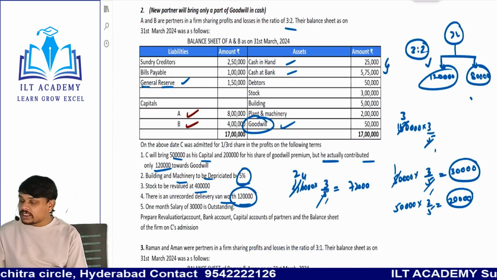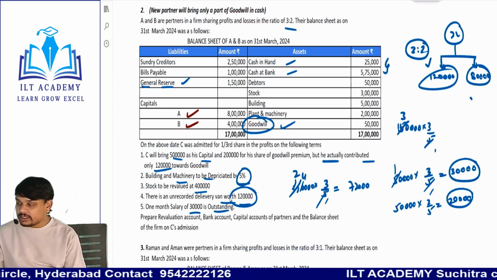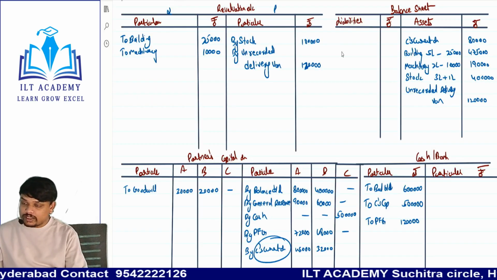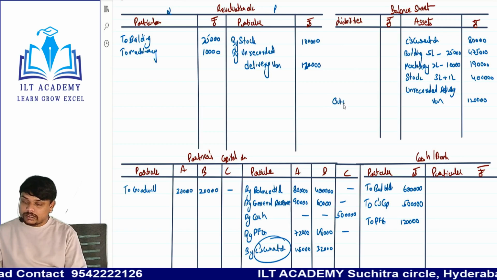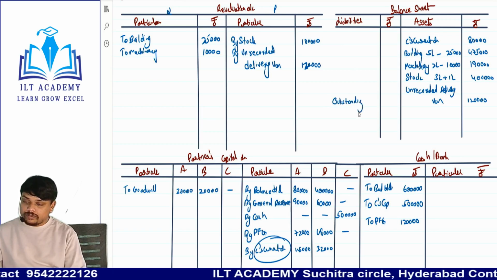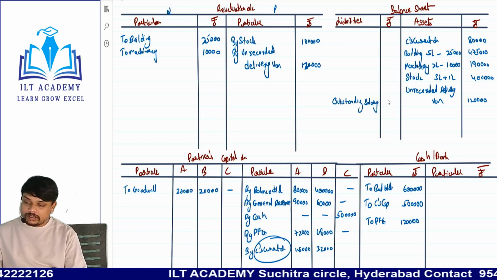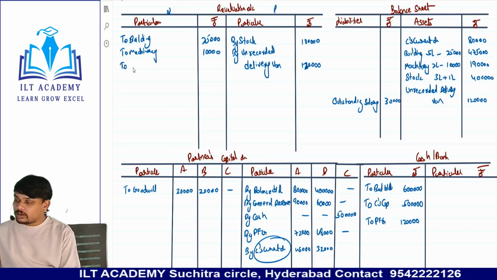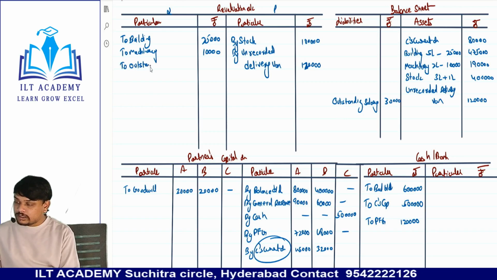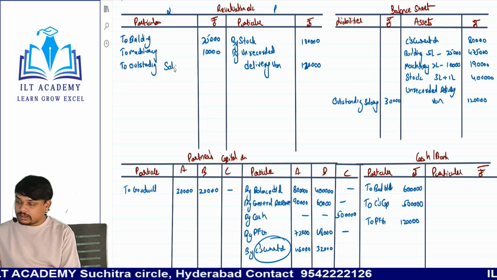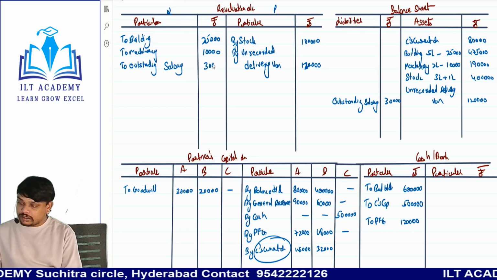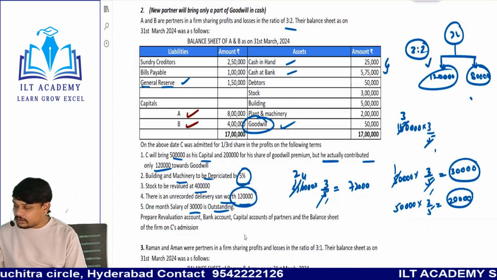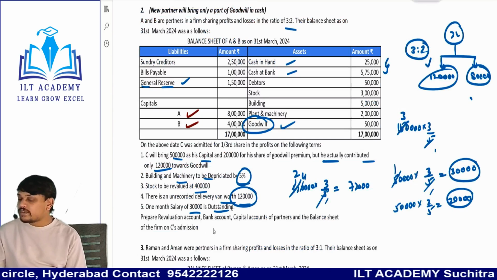Once you are done with this, 1 month salary of 30,000 is outstanding. We missed recording that. In the same way, outstanding salary 30,000 to outstanding. Done. We are done with the sum.